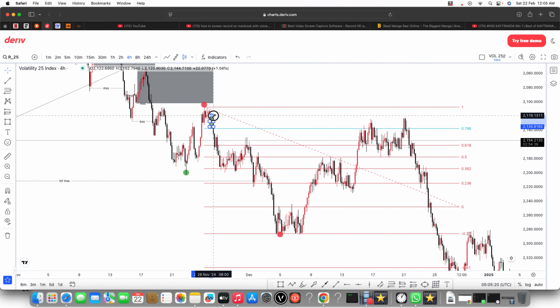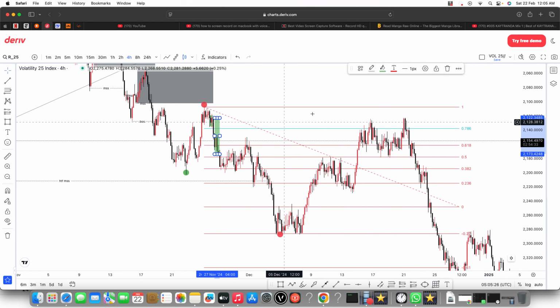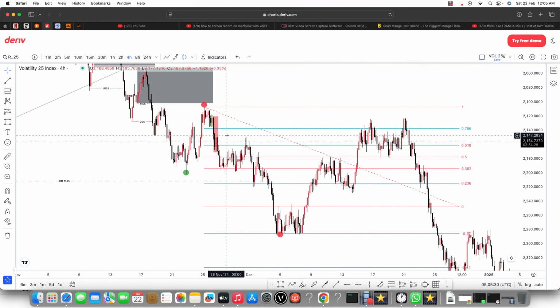This last upward candle, and then we have the red candle now to show the distribution right beside it.